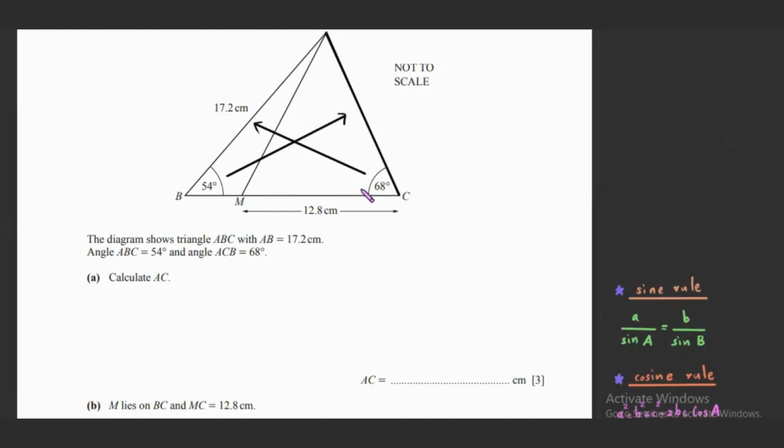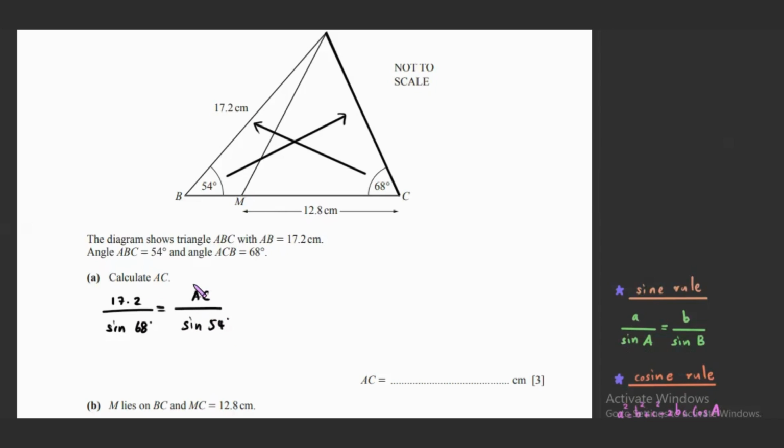I can even flip it the other way around and write it. There's no problem with that. It'll be the same. So in this case, I'm going to write this 17.2 at the top, and at the bottom, I need to write the sine angle that is opposite to this 17.2, which is this 68. So that's going to be sine 68. This will be equal to this side, AC, and its sine angle, which is sine 54.